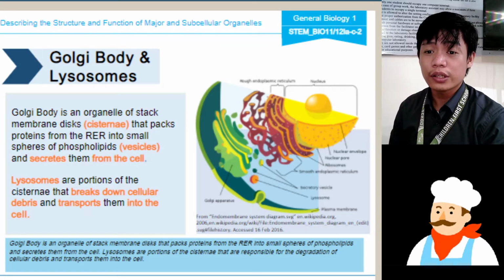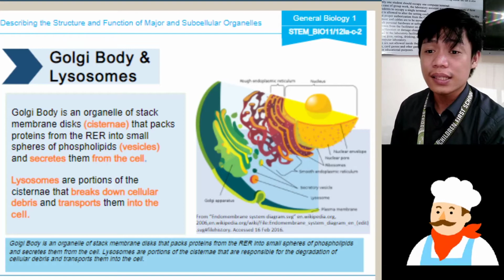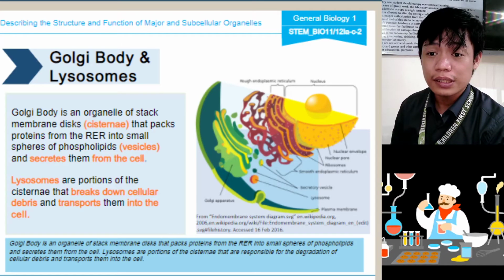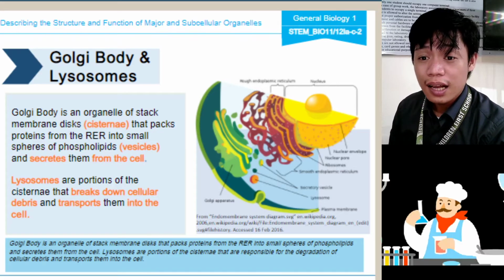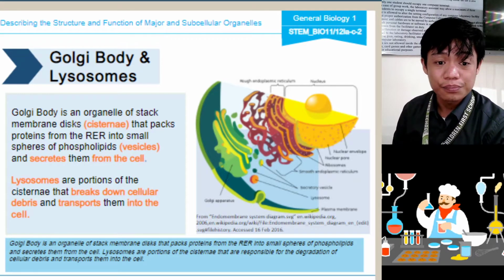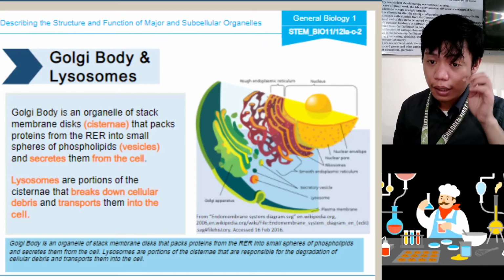They are trying to pack proteins in the form of vesicles, and it will be transferred out, or distributed throughout the cell and throughout our body. So that is the function of the Golgi body.